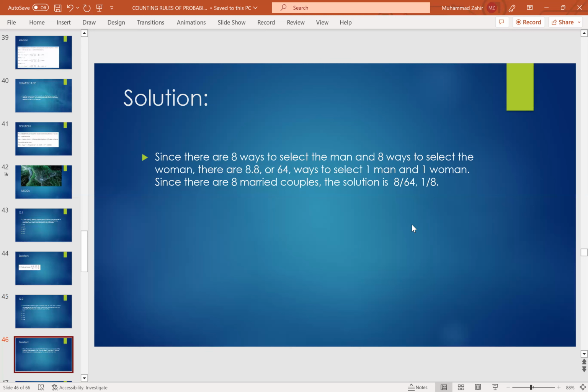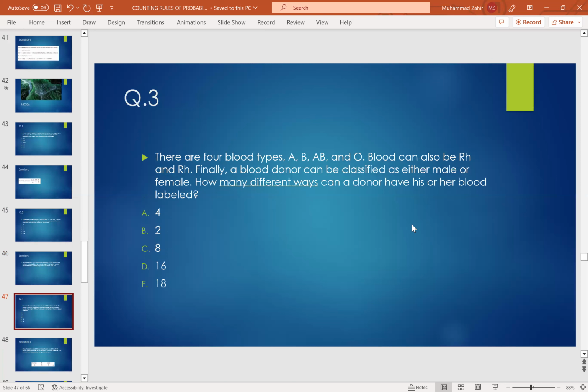These are a little bit confusing because we need a pen and pencil to solve all these MCQs. That's why I have the solution of every MCQ. There are 4 blood types: A, B, AB, and O. Blood can also be Rh positive or Rh negative. Finally, a blood donor can be classified as either male or female. How many different ways can a donor have his or her blood labeled?